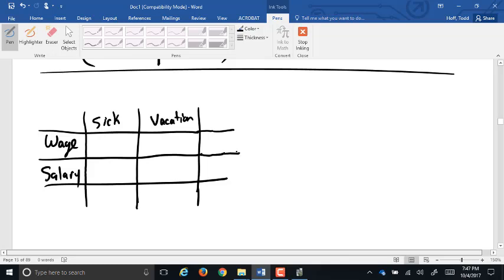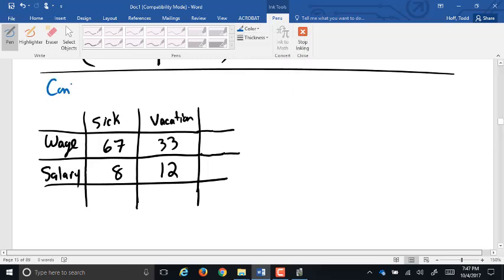Of those that are on a wage, 67 use their paid time off because they're sick. 33 use it for vacation. For those that are on salary, let's say 8 use their time because they're sick. 12 used it for vacation.